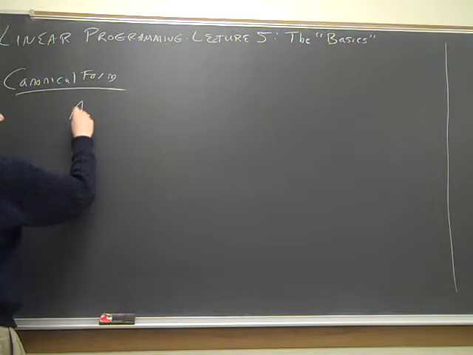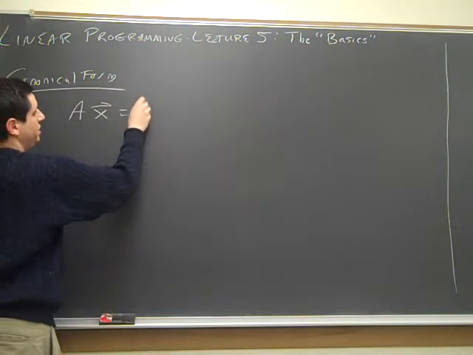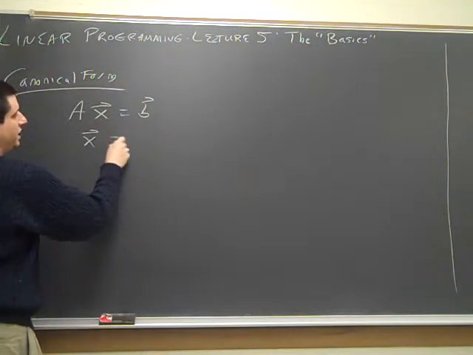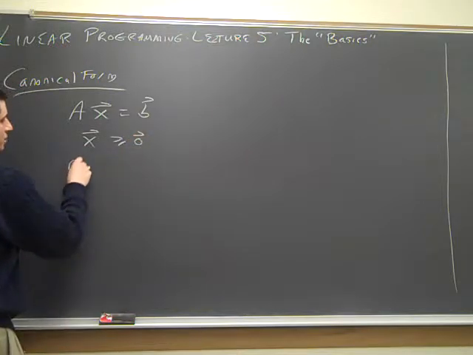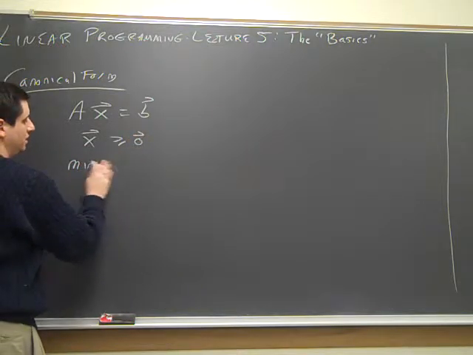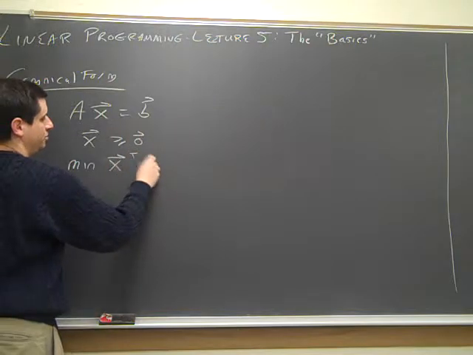is going to look like Ax equals b, the vector x is greater than or equal to 0, and you want to minimize, say, x transpose c.